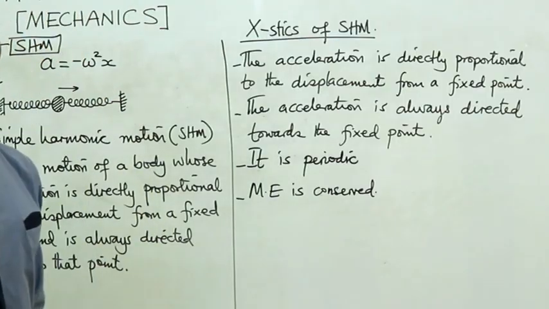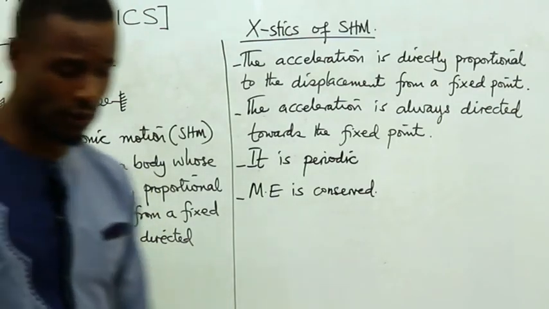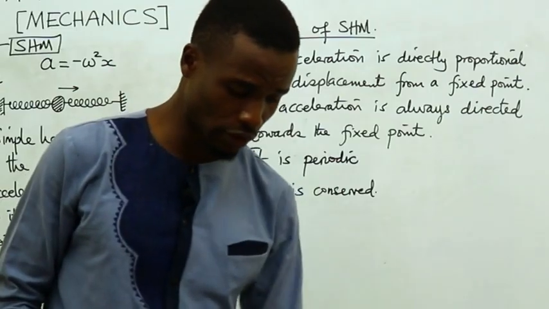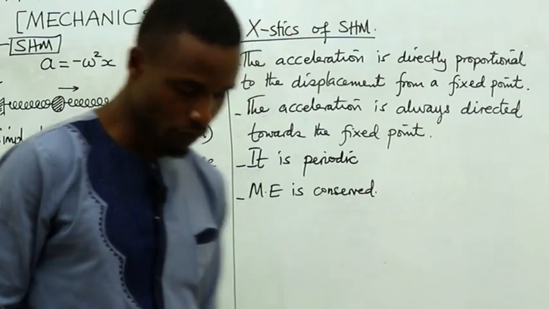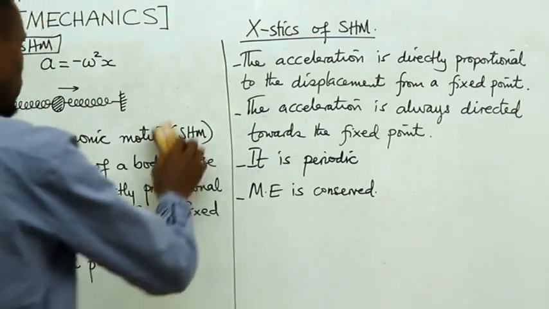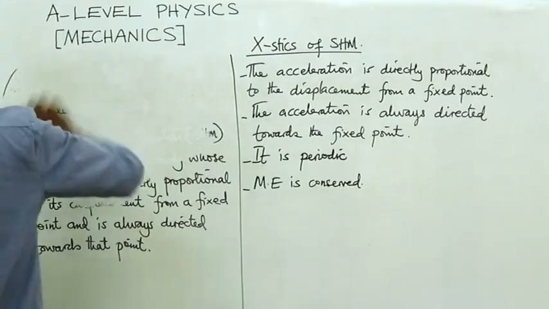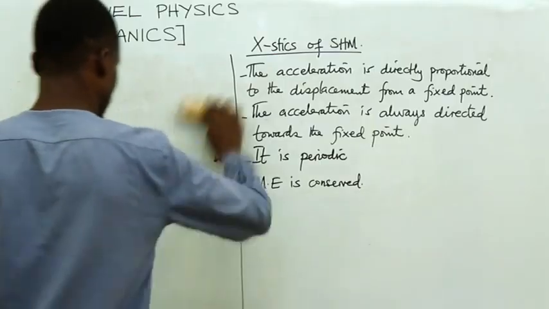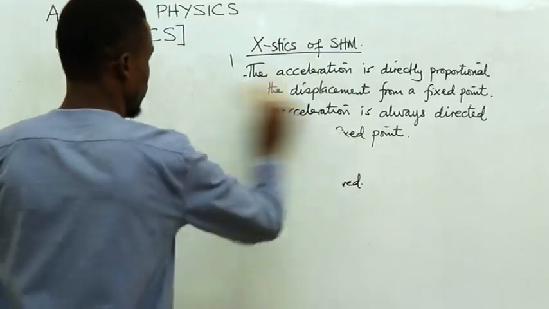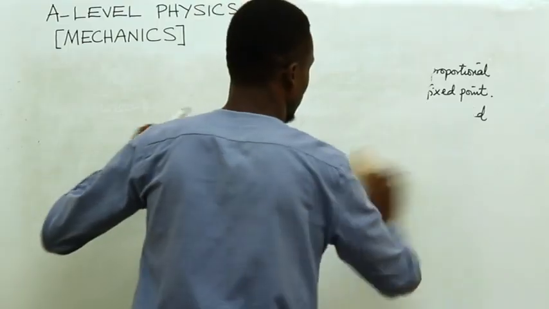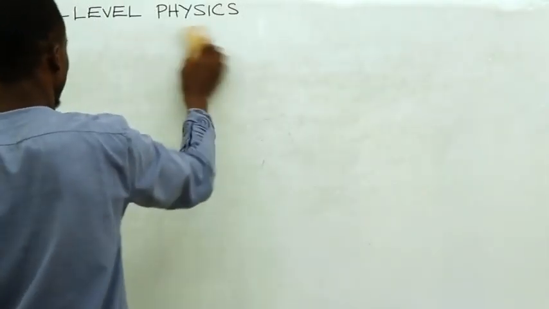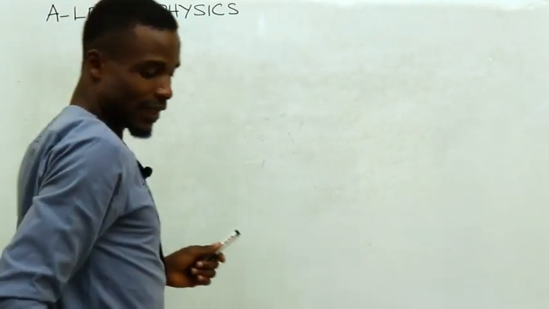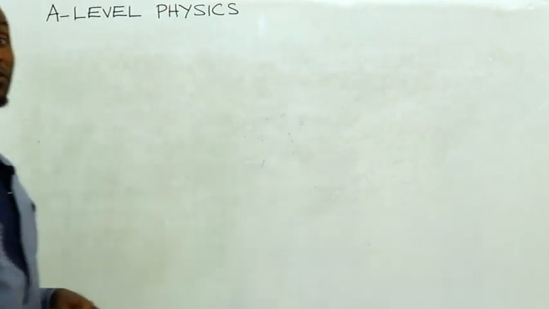Now we're going to look at one case as we summarize the beginning part of the introduction. Please understand that simple harmonic motion is actually related to circular motion.